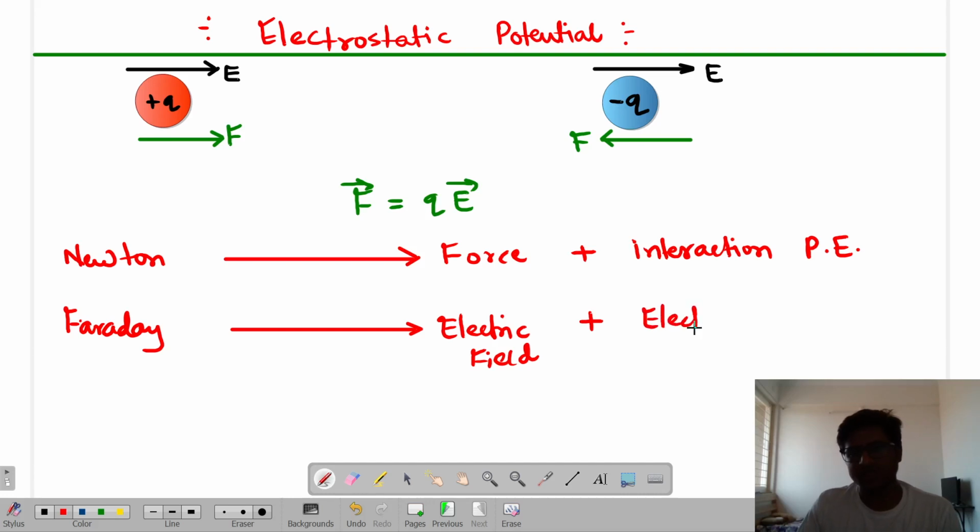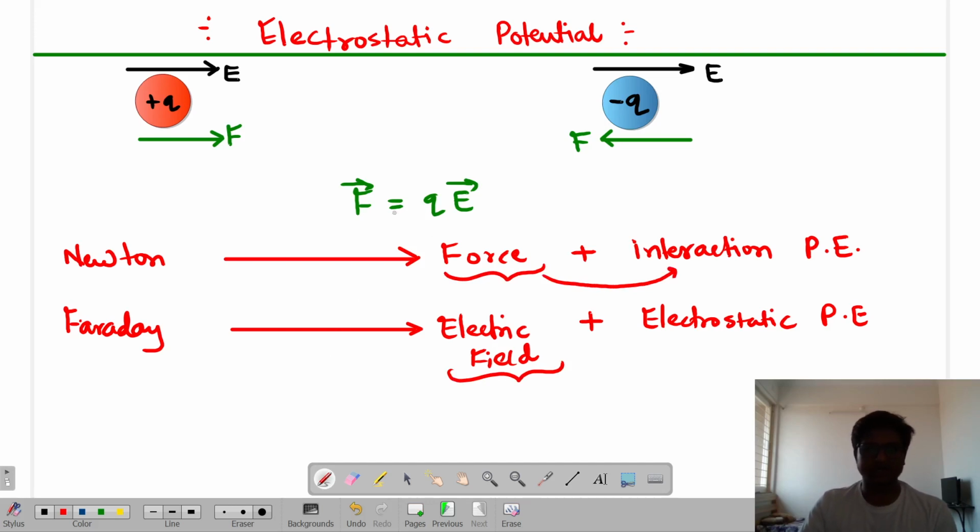So he called that potential energy to be electrostatic potential energy. Right? Is that clear? So there is force, then there is its potential energy. There is force in the electric field which we give as QE, and then there is a potential energy of that.